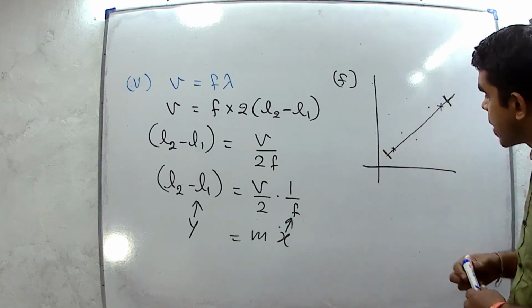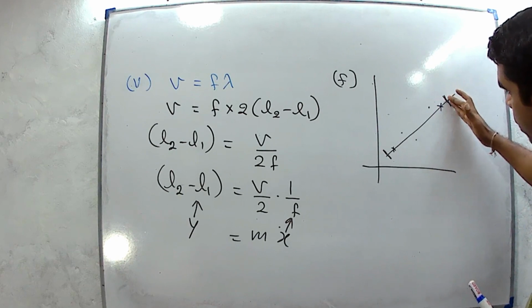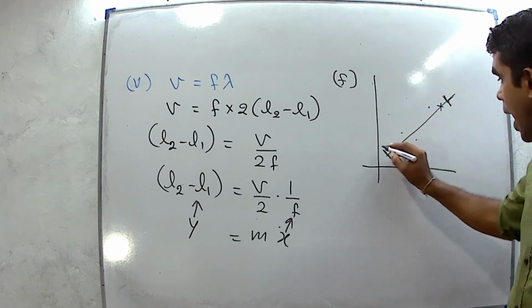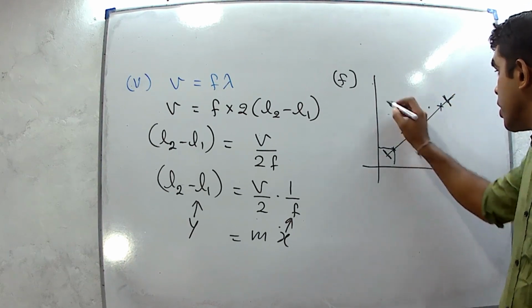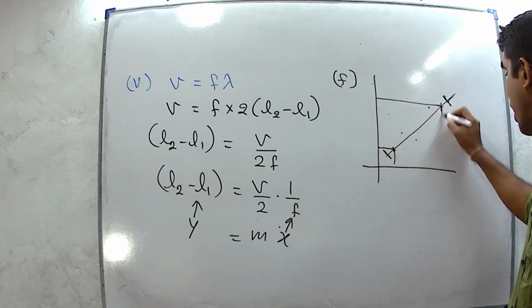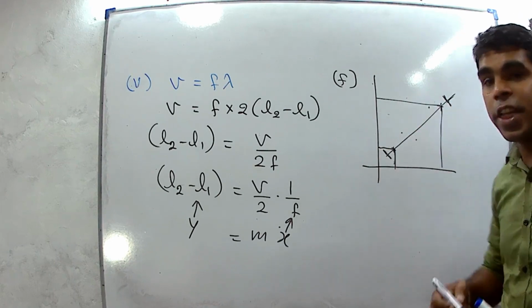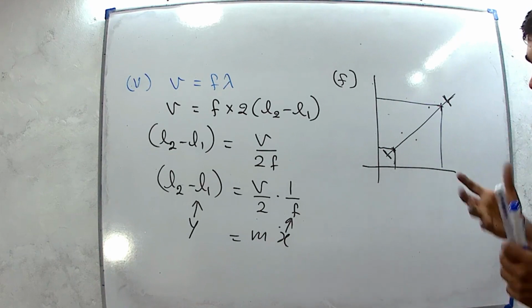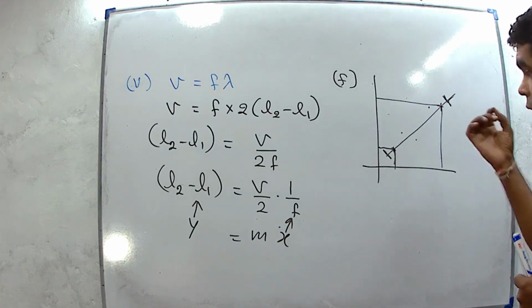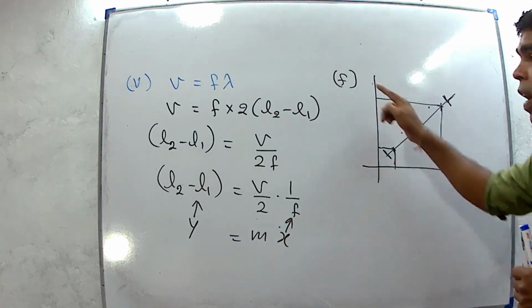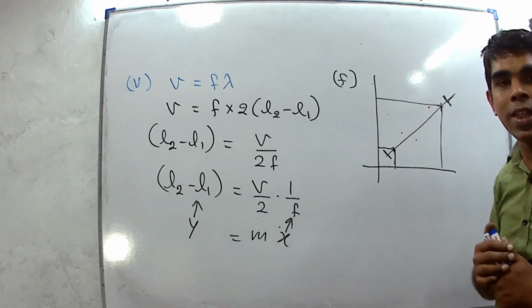There is a maximum separation between this point and this point, and there are x and y values we can read directly without using any calculation. It means we can count x and y values by using small squares in the graph paper.